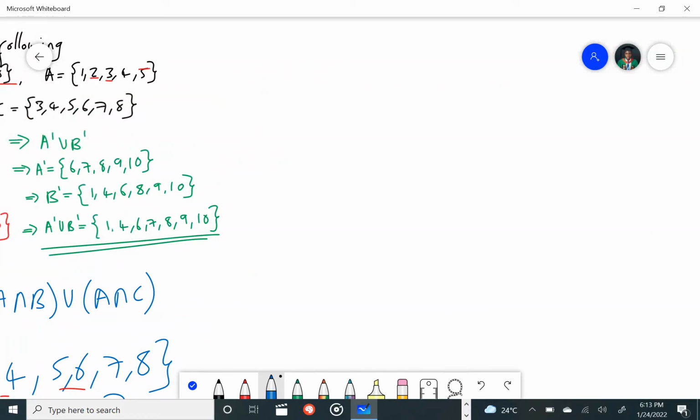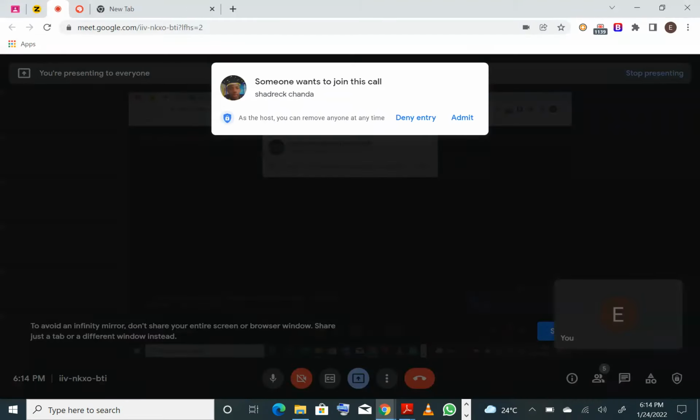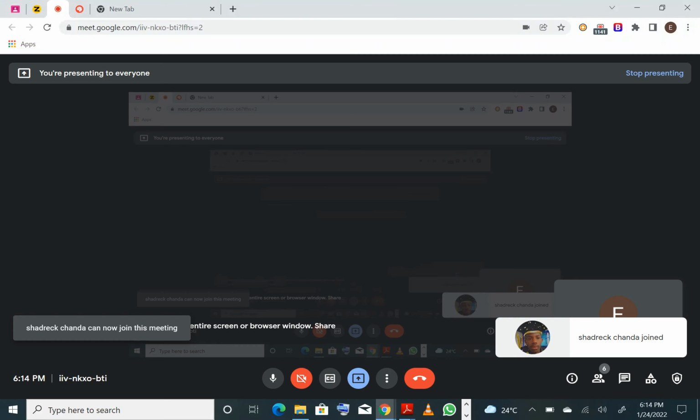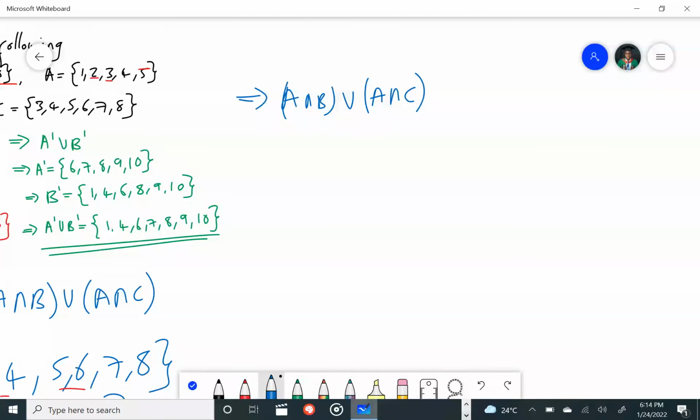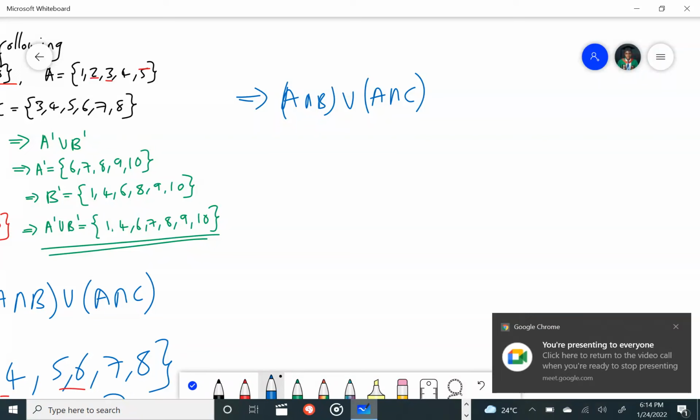So now the other method is, we have A intersection B union A intersection C. Okay, there we have A intersection B union A intersection C.